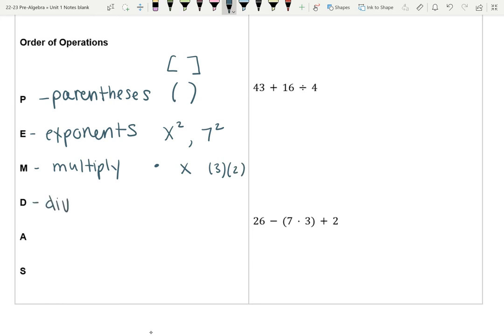D is division or divide. So, you might see it like this. You could see something like this. Or you could also see it like this. So there's different ways we could see division here. A is add, so just have an addition sign, and S is subtract. So a subtraction sign.